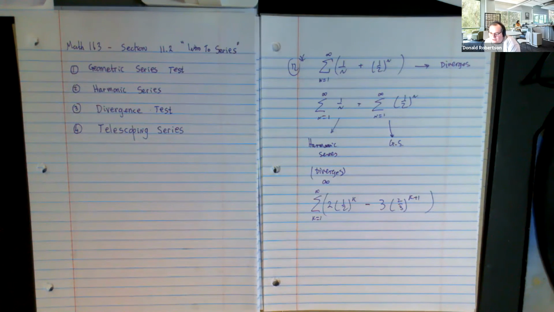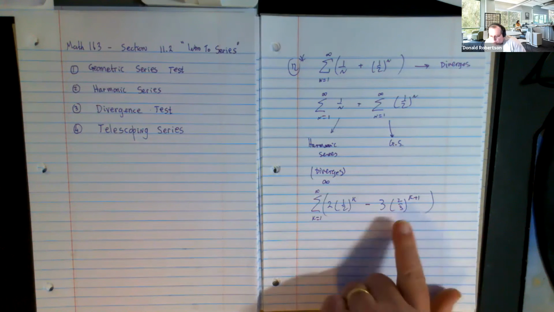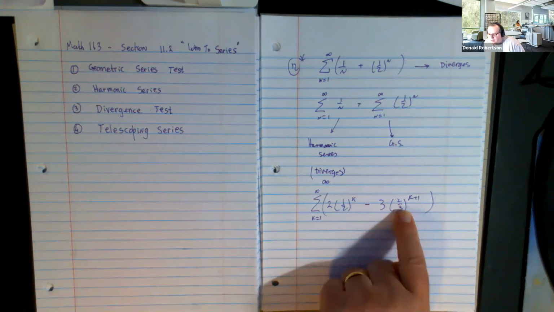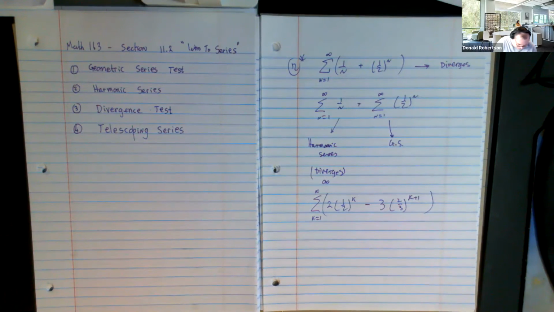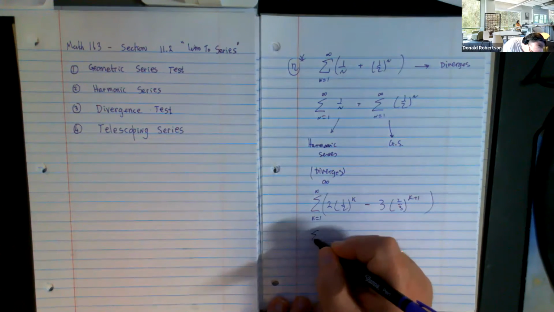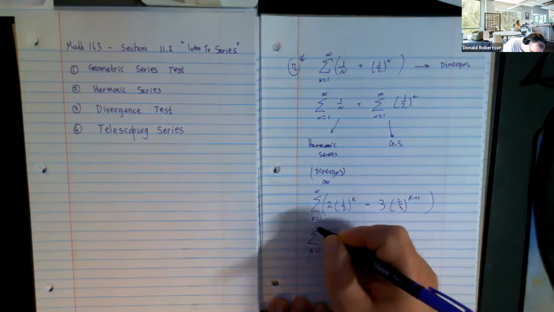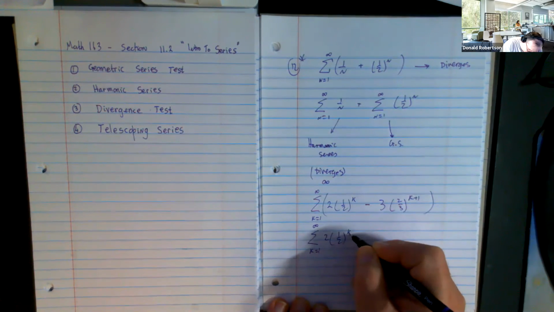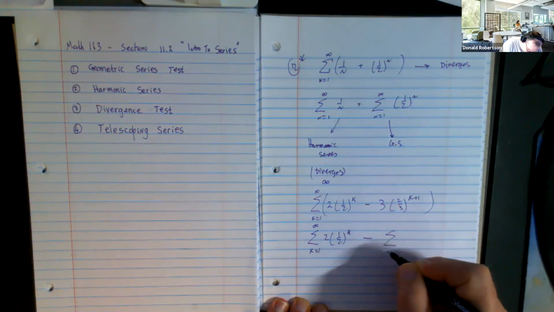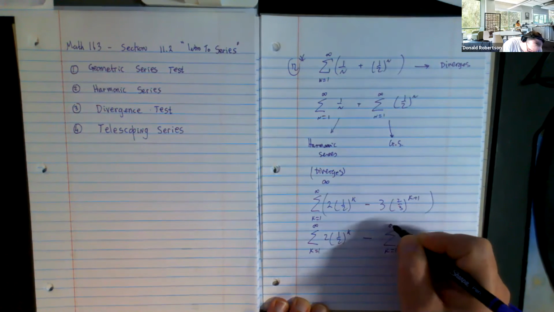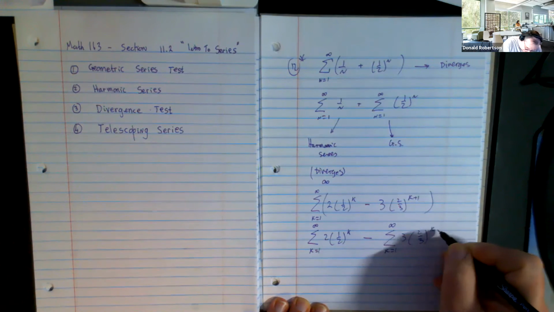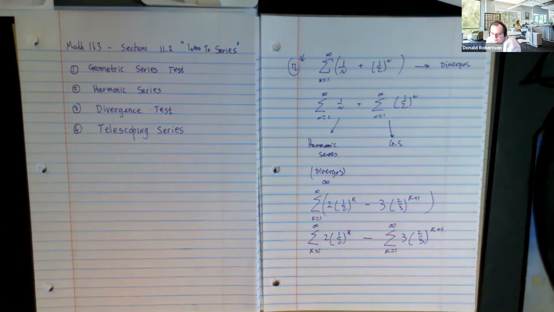There's one of those Frankenstein series. It's got two pieces, right? The arms made out of this and the legs made out of that. When you do this one, there are two separate series that it breaks into.